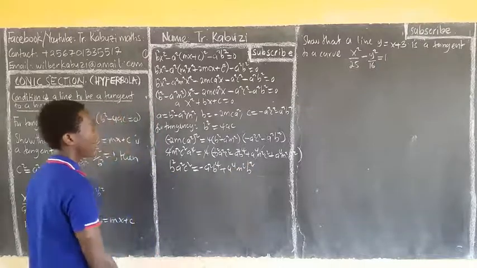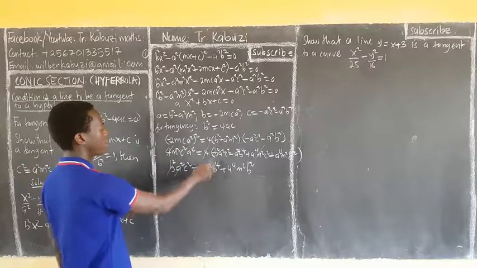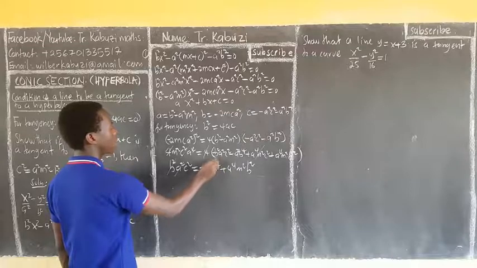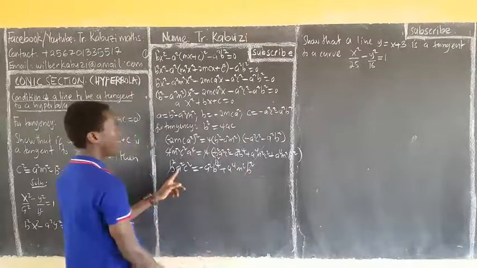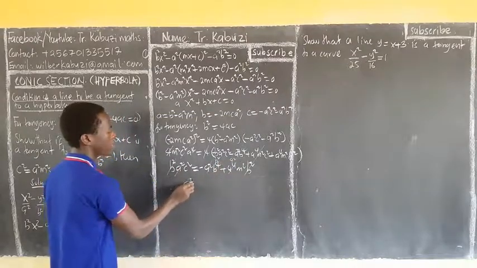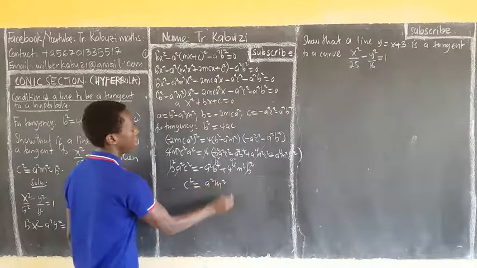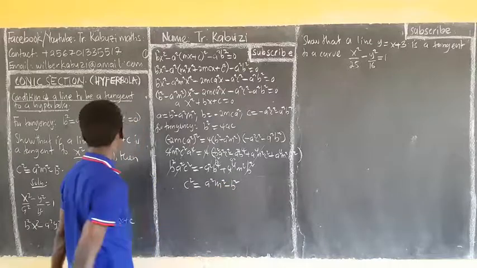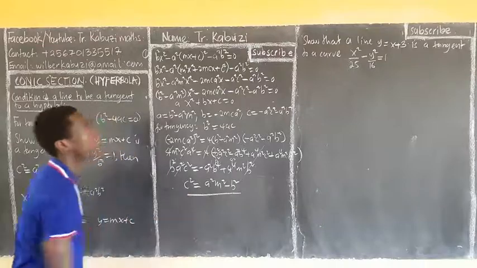You see, we can divide it through by this and this. This one goes, here I remain with b squared. Here I remain with b squared. Then here this b squared goes, here I remain with a squared. And now my c squared will be a squared m squared. Remember here I remain with minus b squared. And I think that's the condition they want us to prove.